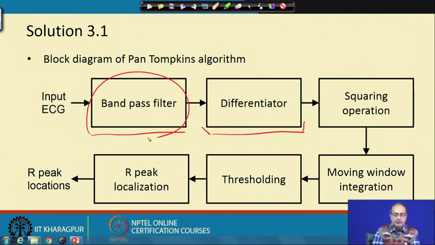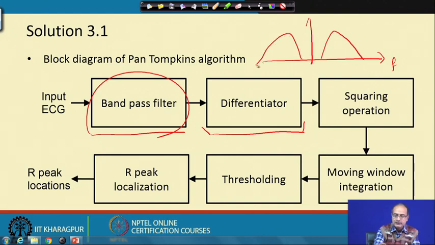Why are we doing band pass filtering? If you look here, this is the frequency axis and this is the amplitude, and the band pass filter is somewhat like this. Symmetrically, for the real signal, that symmetric component would be there too.